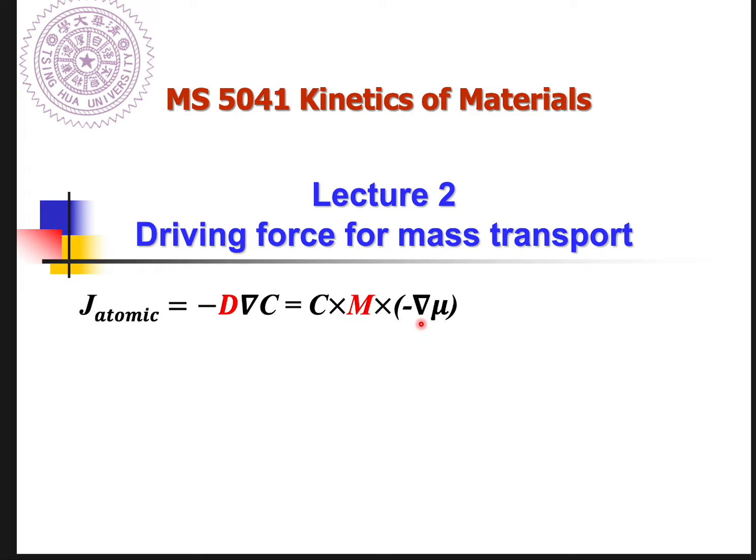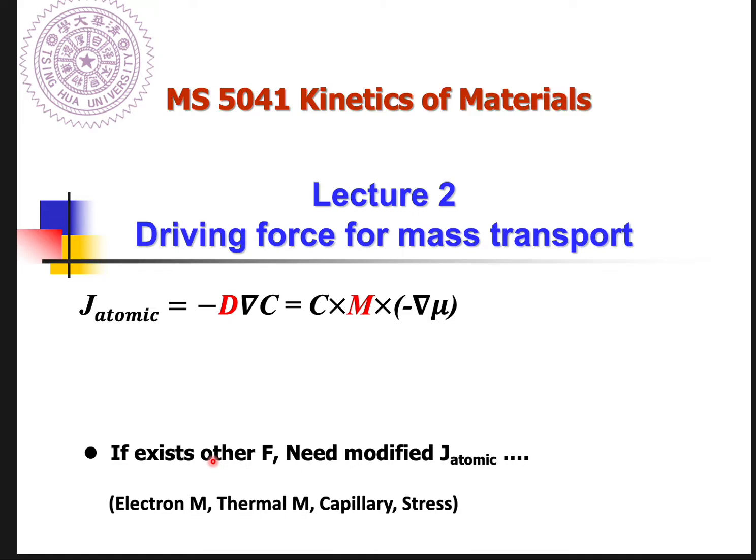In space. However, if other driving forces are applied on your system, on your materials, how can we modify the atomic flux? We also need to discuss how these driving forces affect the atomic flux.